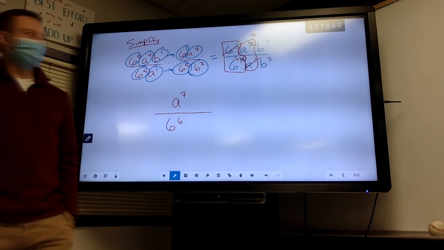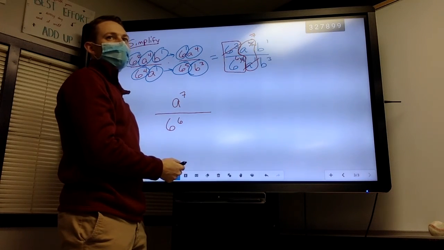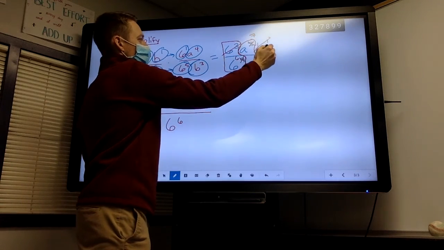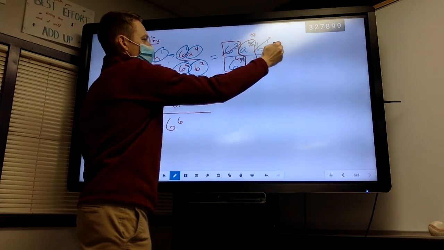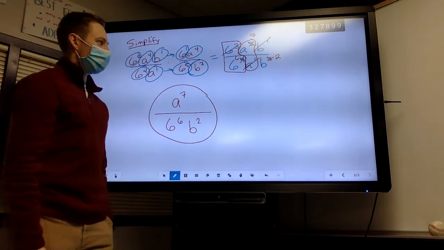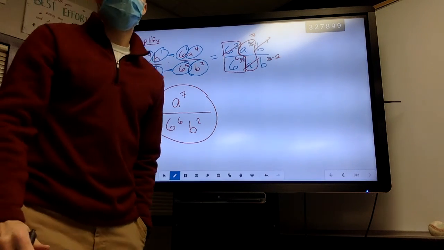And looking at the b's, we have an exponent of 1 and an exponent of 3. So where are we going to write the b? On the bottom, because 3 is bigger. What's 3 minus 1? 2. So we're going to write a b squared on the bottom. Does that make sense? All right.